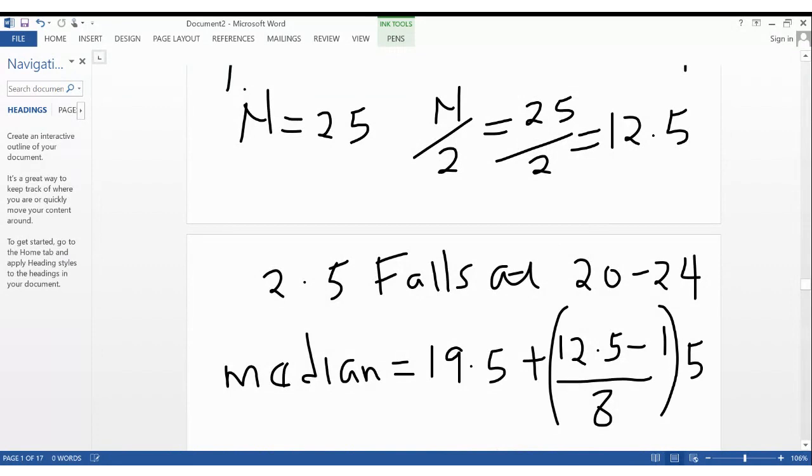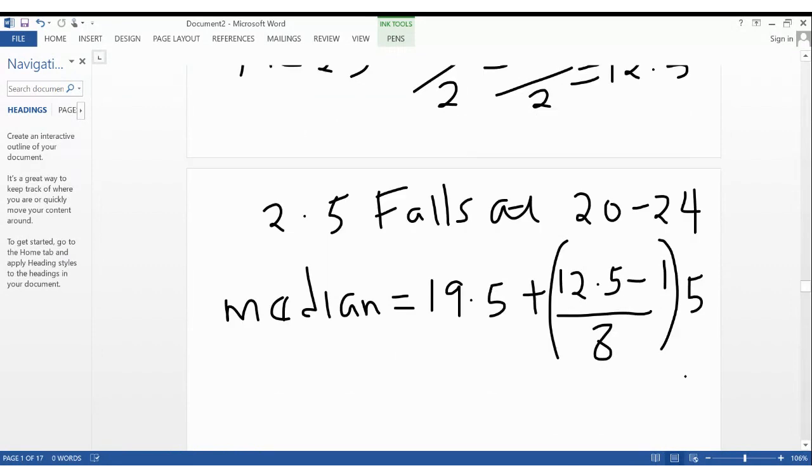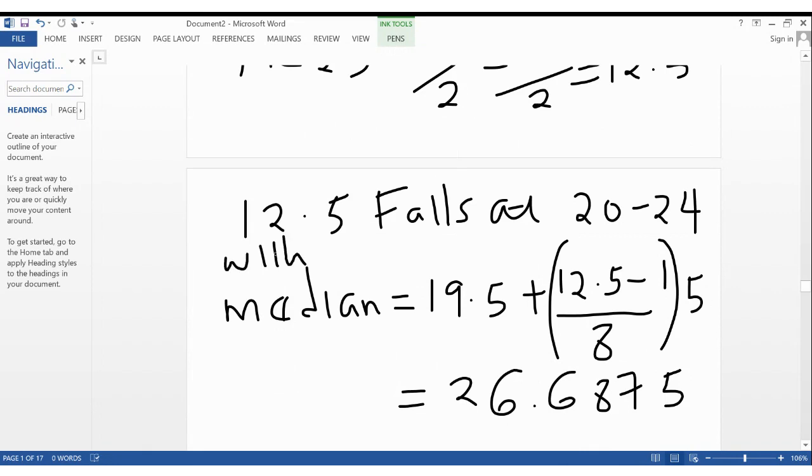So if I do this one correctly, 12.5 minus 1, divide by 8, times 5, plus 19.5, I'm getting 26.6875.